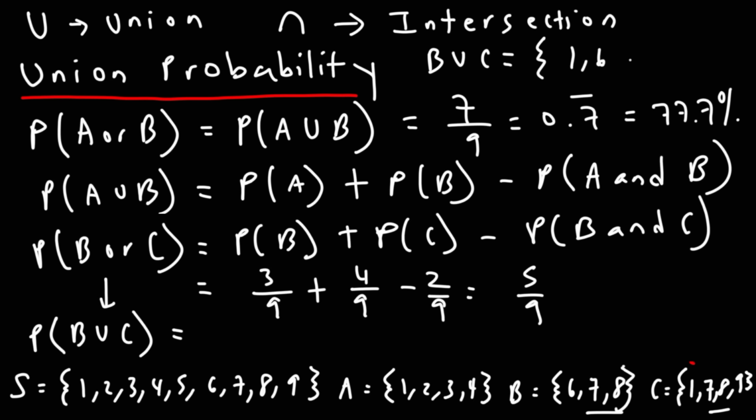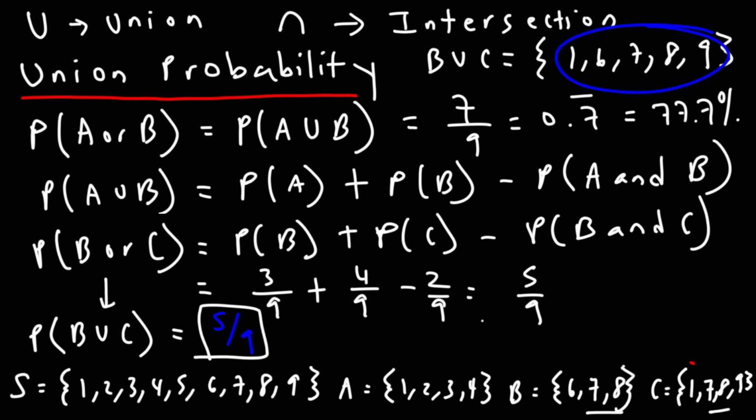So it's 1, 6, 7, 8, and 9. And we could see this represents 5 possible outcomes out of a total of 9. So we get the answer 5 over 9. So these are the same.